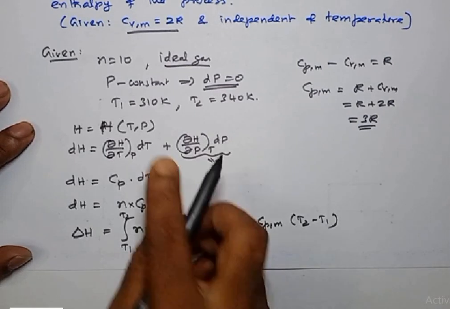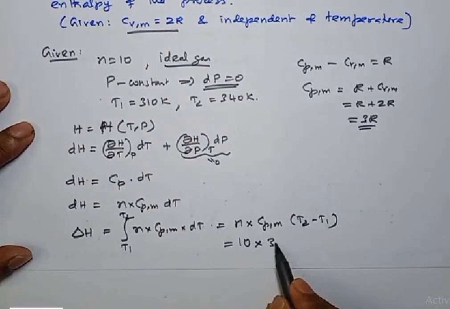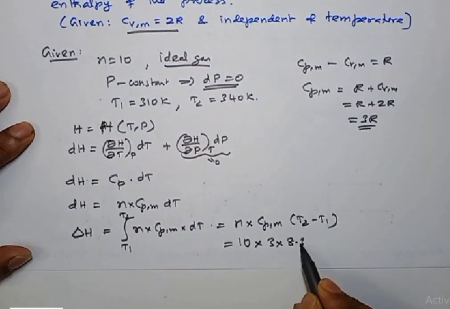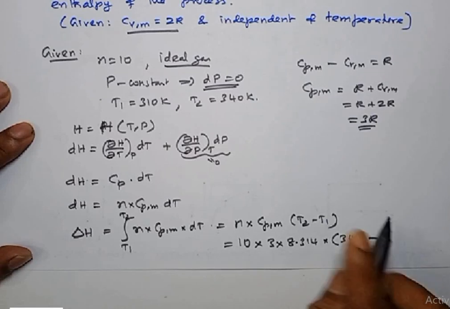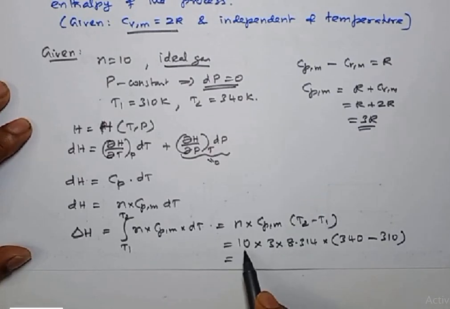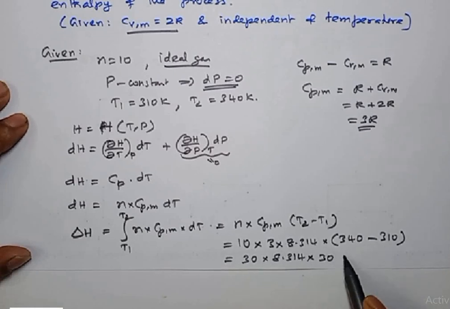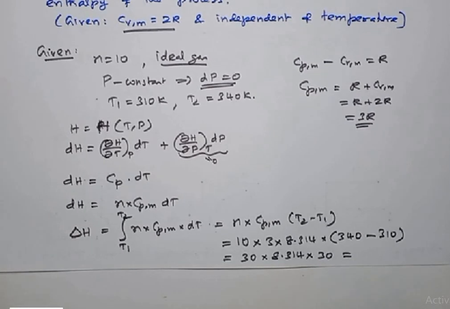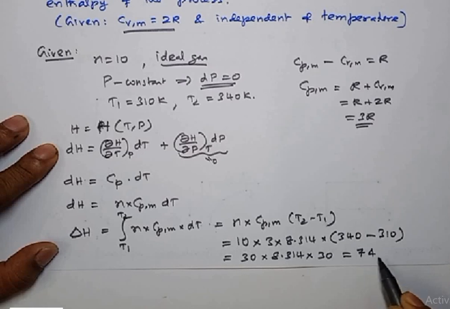Now, the number of moles is given as 10 moles. Cpm value we found is 3R, so 3 into R value, 8.314, into final temperature 340 minus initial temperature 310. So 10 into 3 is 30, into 8.314, into 30. If I multiply everything, I get the answer directly: 7482.6 joules.